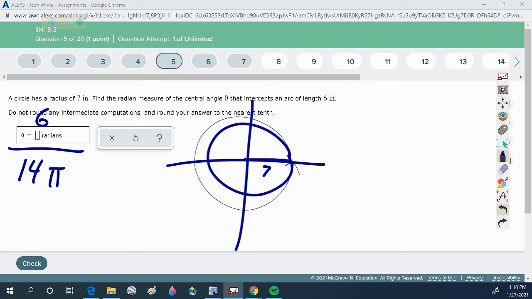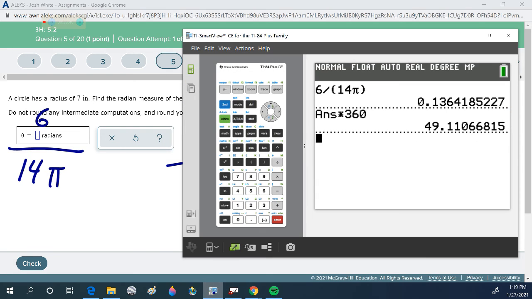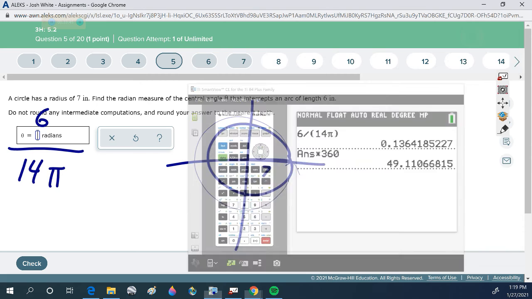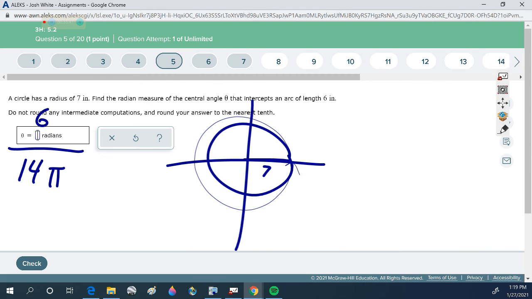And I'm done. Because in radians, the unit of the radius is the same as the unit of the circumference. So I go back here, and the answer is 0.1, what does it say, round to the nearest hundredth, nearest tenth? So 0.2.